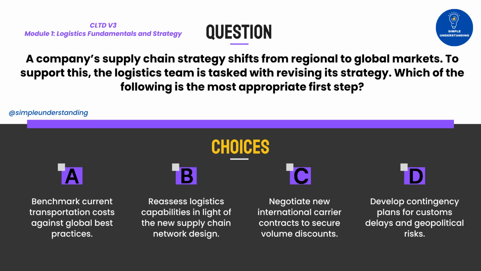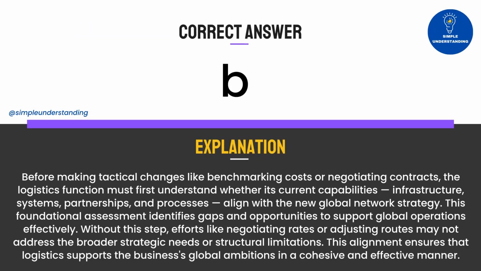Correct answer, B. Explanation. Before making tactical changes like benchmarking costs or negotiating contracts, the logistics function must first understand whether its current capabilities, infrastructure, systems, partnerships, and processes align with a new global network strategy.